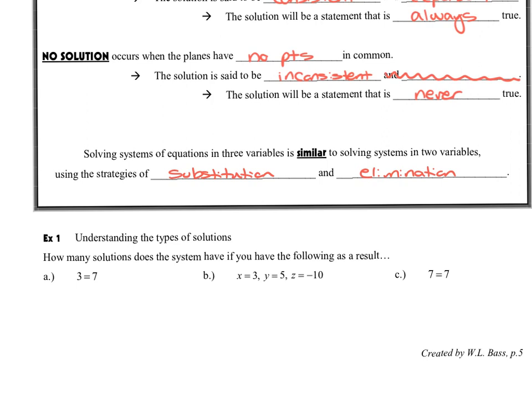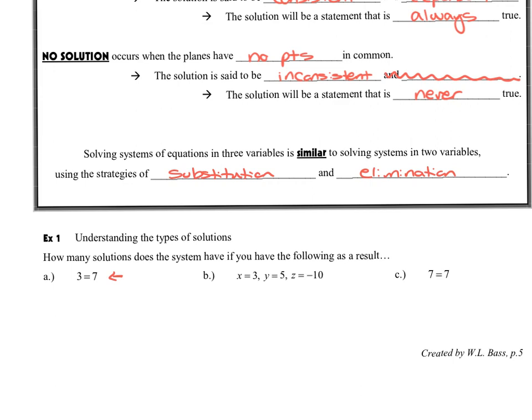So as you're starting to solve these problems, going through your substitution and your elimination, you will end up with a variety of types of answers as you're working. So I mentioned that you might have the scenario where all the variables drop out and you're left with just some numbers. And when you look at that resulting statement, this 3 equals 7, what we understand is that answer doesn't make any sense at all.